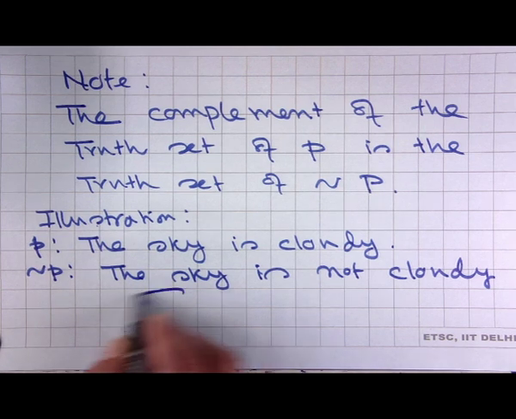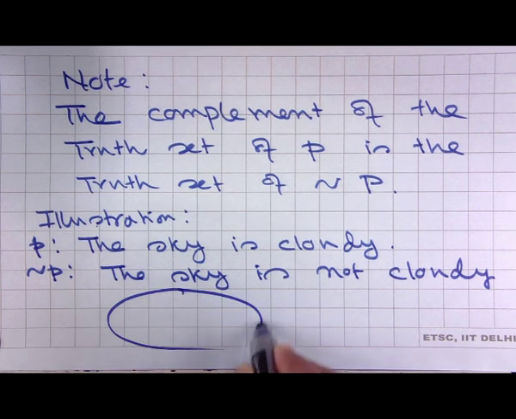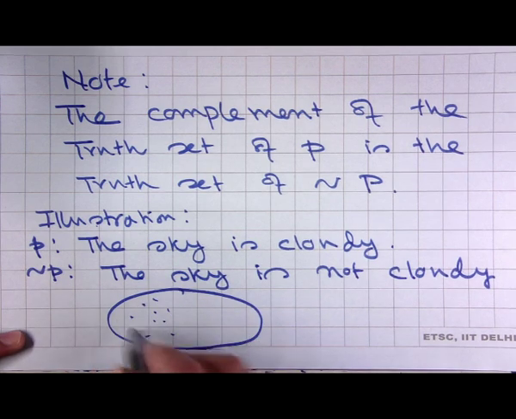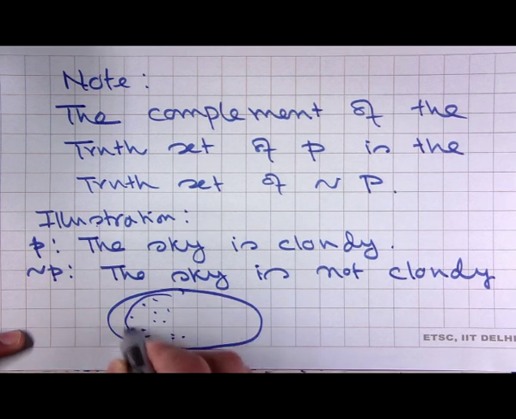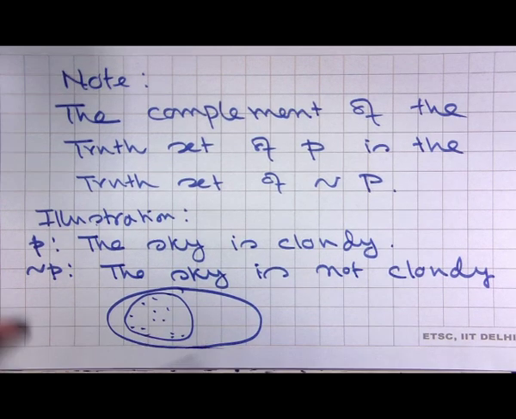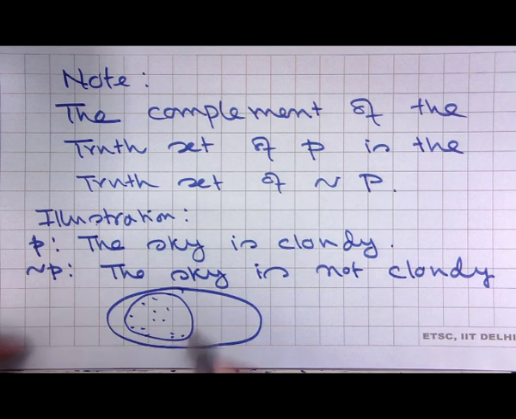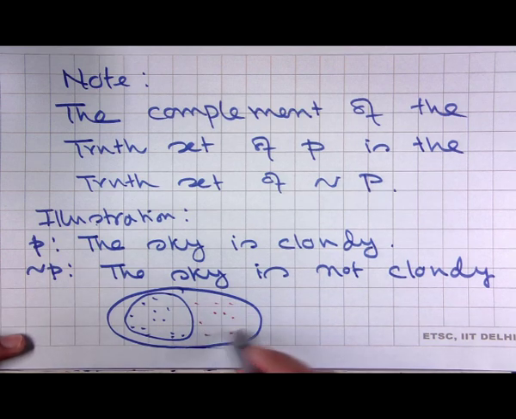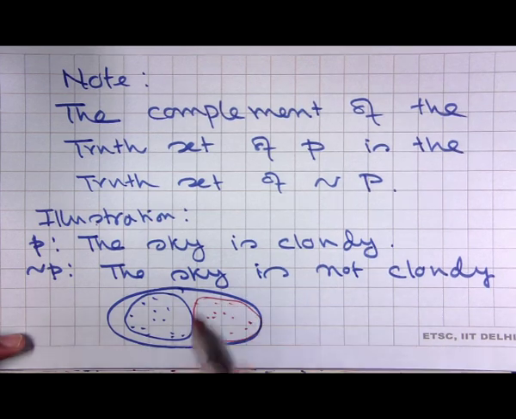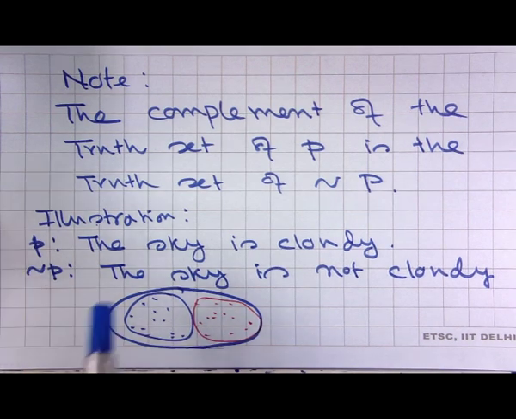If this is the set of all the days and these are the days on which the sky is cloudy, then these are the days on which the sky is not cloudy, and they form the truth set of negation of P.